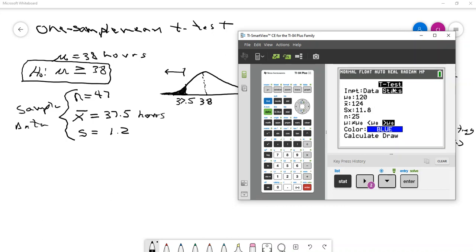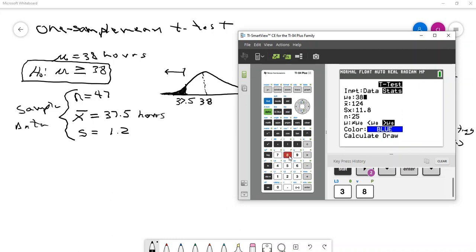All right, so stats. We got the stats over here. Is the stats or the statistics, and so all right. So the hypothesized mean is 38. The sample mean is 37.5.